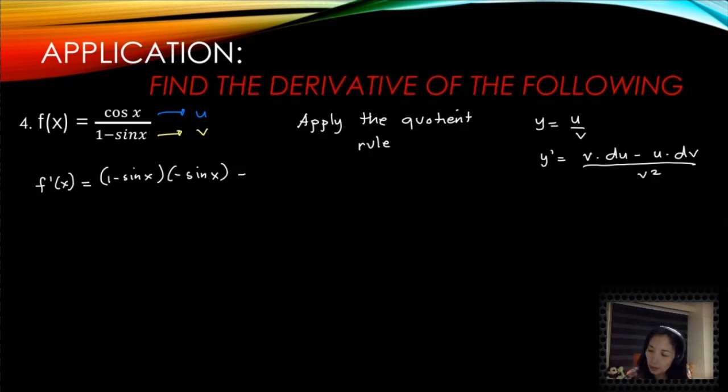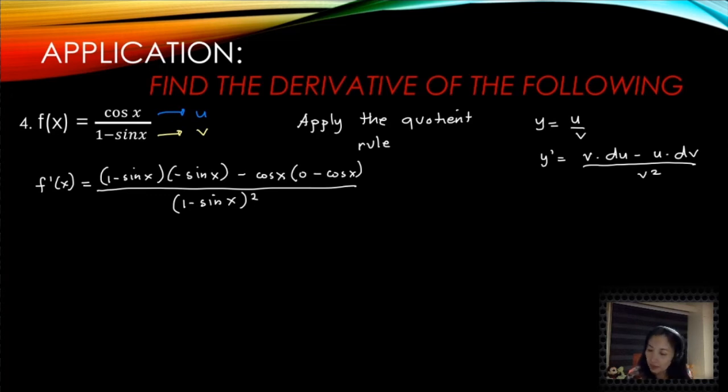U is cosine x, times dv, the derivative of this. The derivative of 1 is 0, minus the derivative of sine, which is cosine. So minus cosine x, all over 1 minus sine x squared.